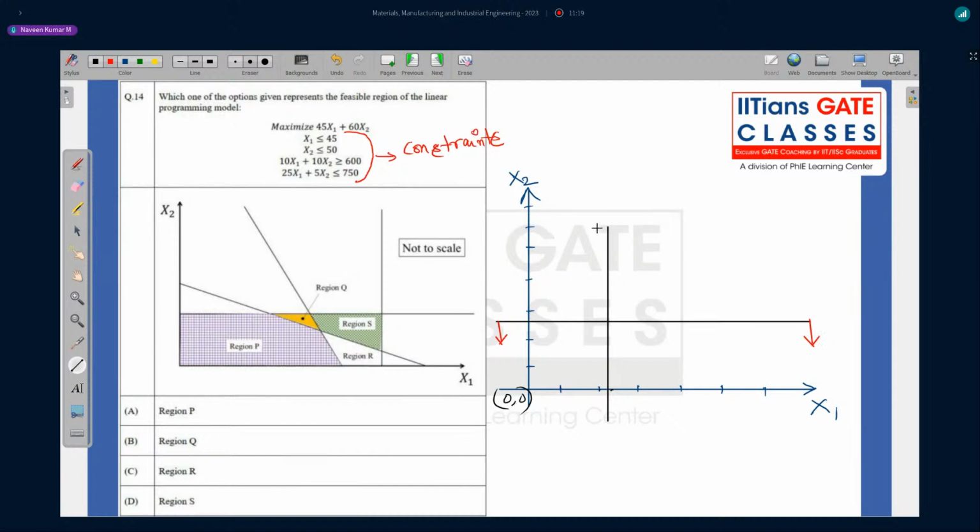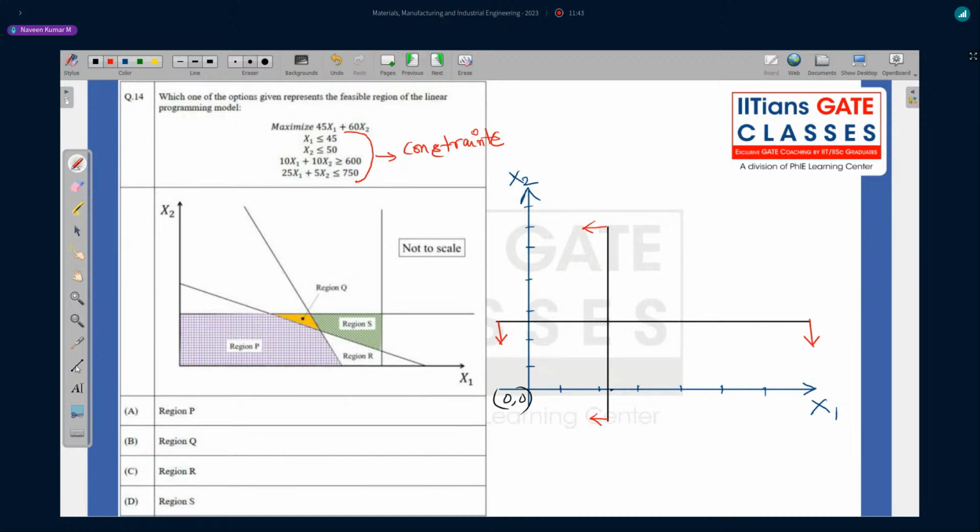Here also we have shaded in this direction. In this direction, here also we have shaded in this direction. In the sense, this is the common region. This is the common region for these two lines.